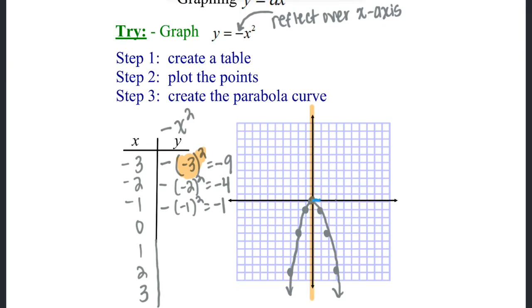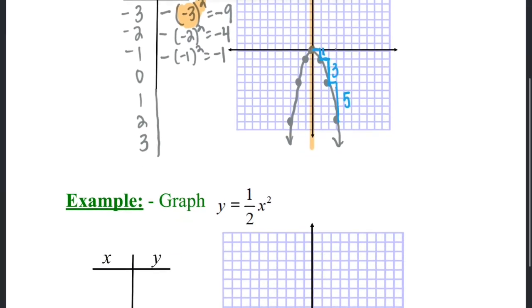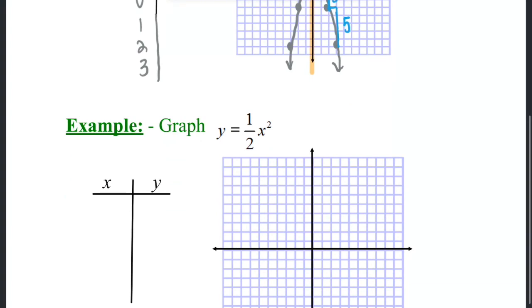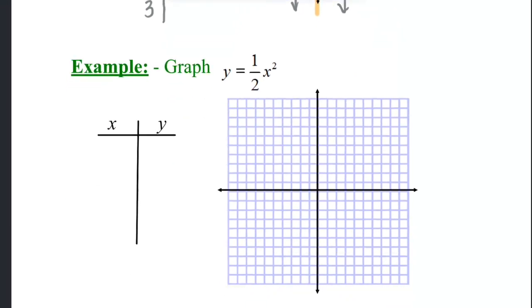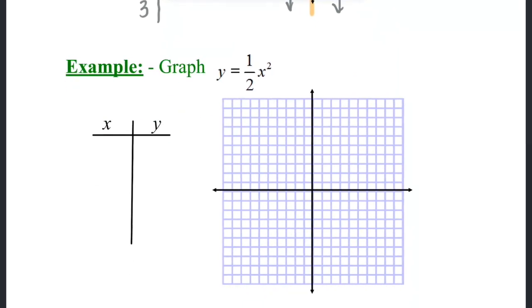Y equals negative 1x squared, same rule applies, but instead of going right 1, up 1, we go right 1, down 1. And instead of right 1, up 3, right 1, down 3. So we're still going to make a change in y of 3, but it's in the negative direction because the parabola is opening down. So we still have our 1, 3, 5. Now our 1, 3, 5 rule changes a bit when we have y equals 1/2 x squared.